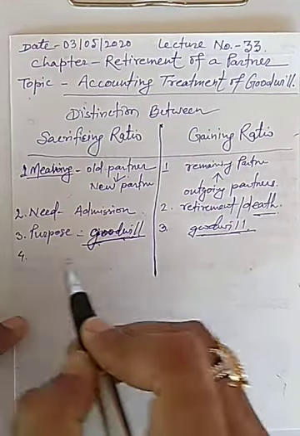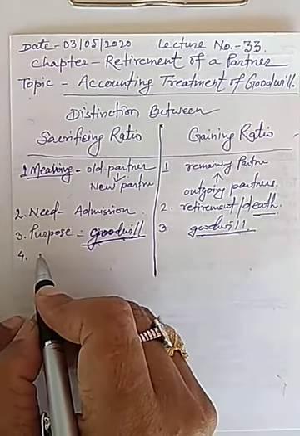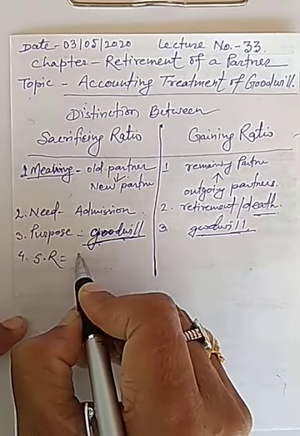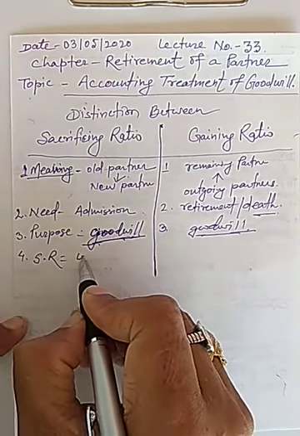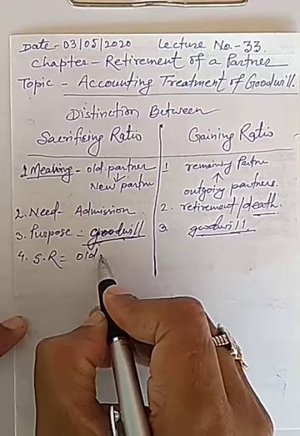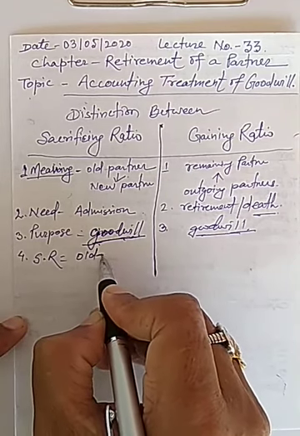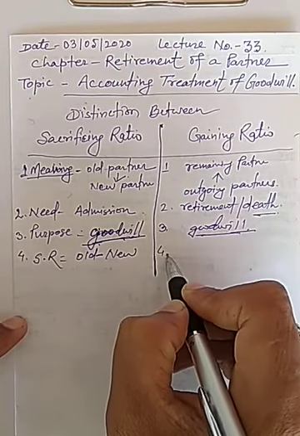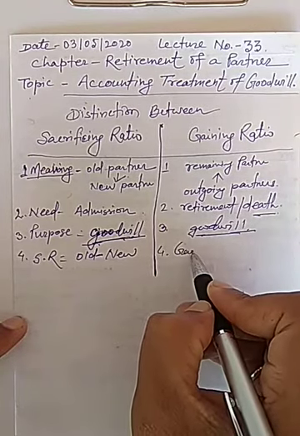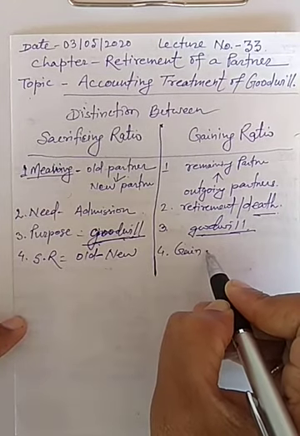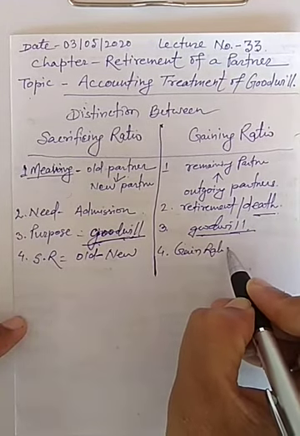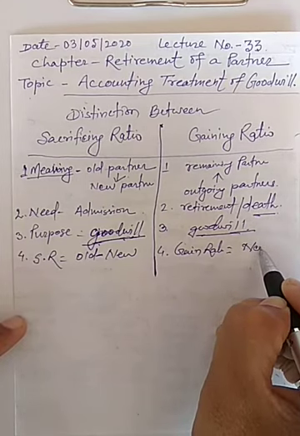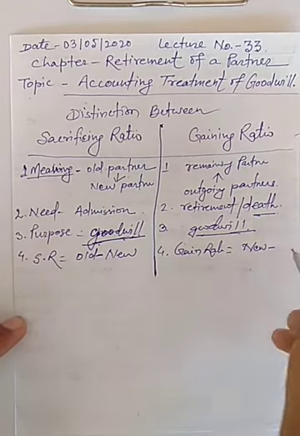And fourth point, I can say the formula for sacrifice ratio will be old share minus new share, but the formula for gaining ratio will be new share minus old share.